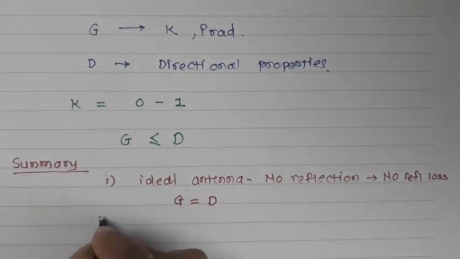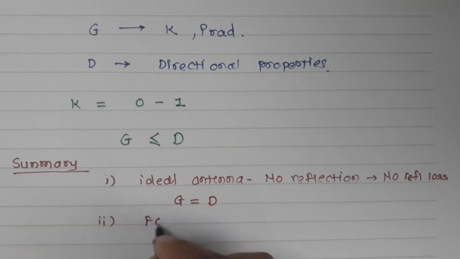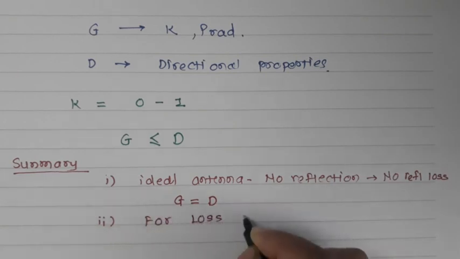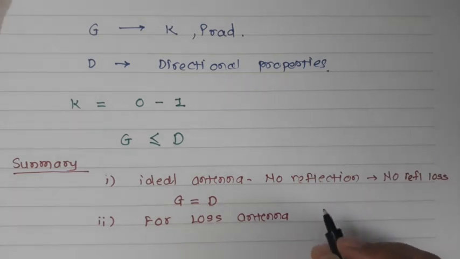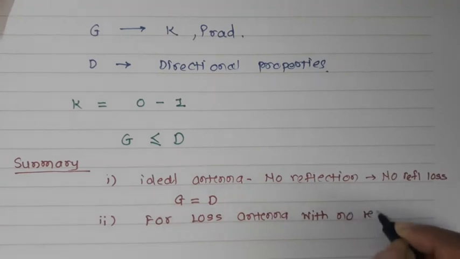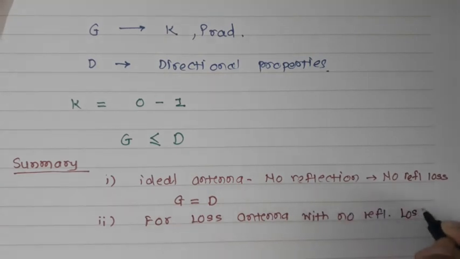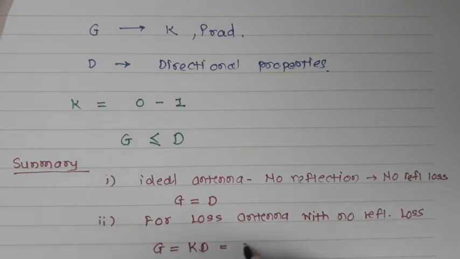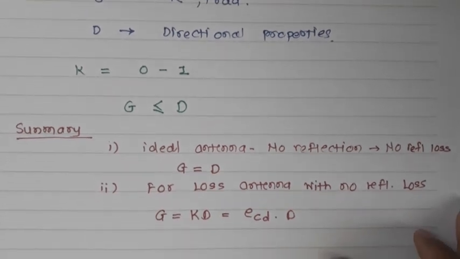The second condition is a lossy antenna with no reflection loss. Then you can say G is equal to K D, so ECD into D, where we are assuming that there is no reflection loss.